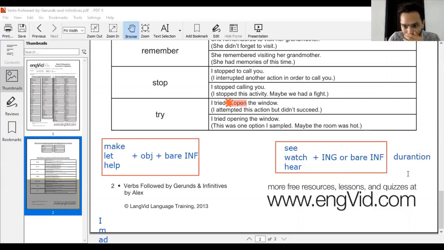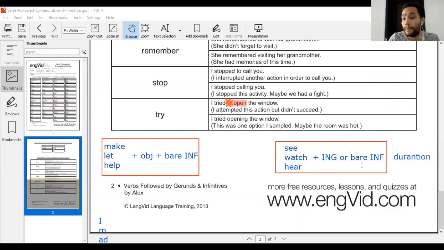Right? Si lo uso con ing, la duración es mínima. Es decir, la duración de esta acción fue poca, fue poquito, right? Fue por un corto tiempo, periodo de tiempo.